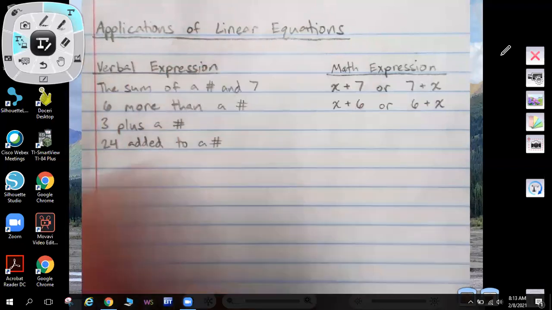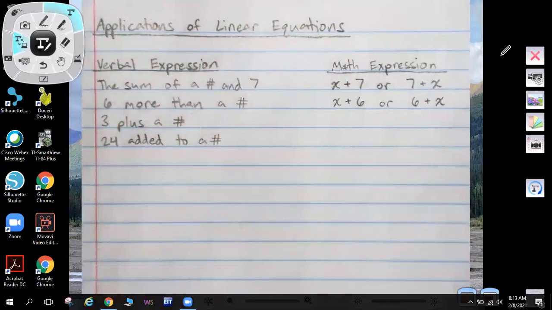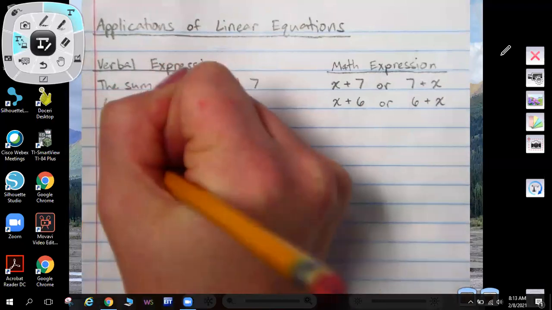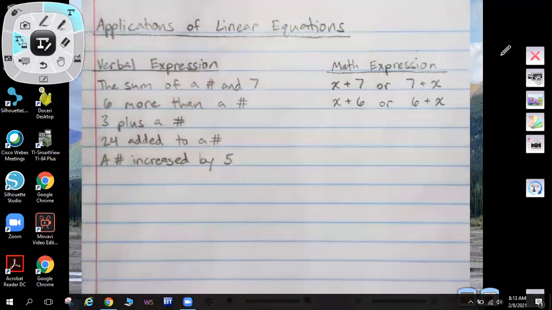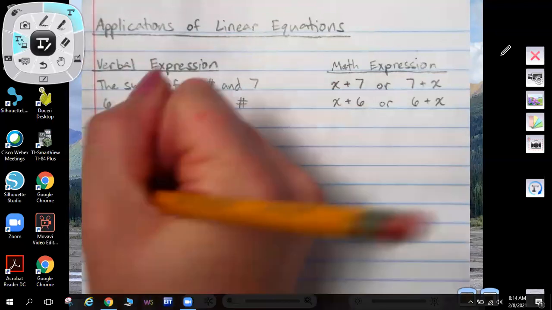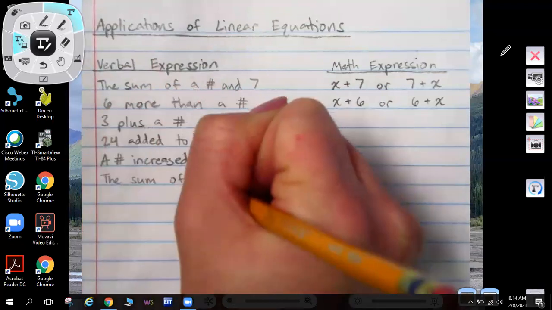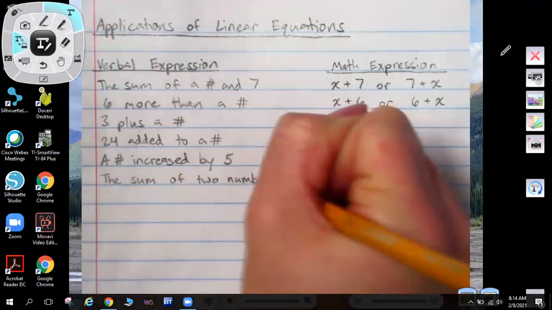Next, a number increased by 5. And we'll do one more, the sum of 2 numbers.